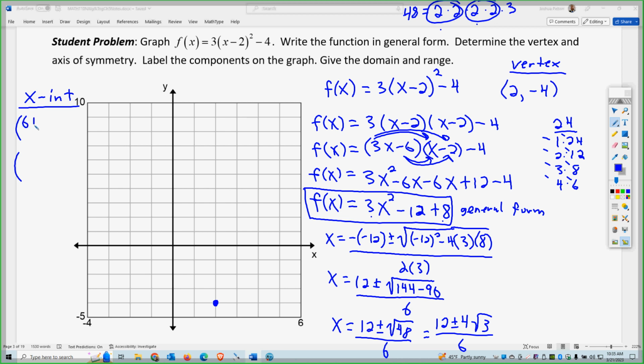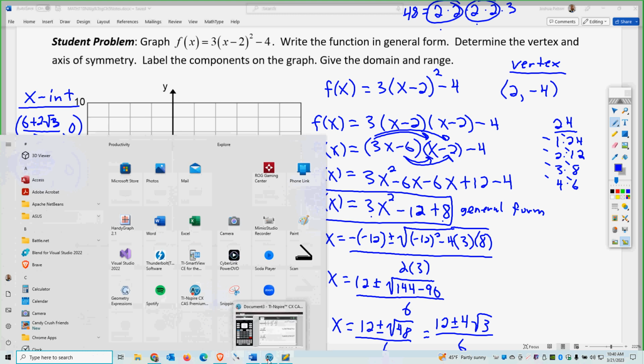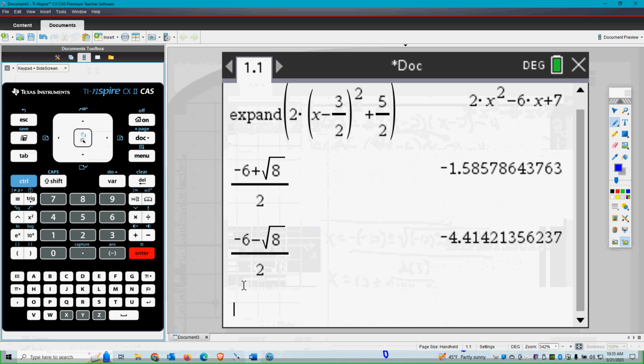So 6 plus 2 root 3 over 3, right? 6 minus 2 root 3 over 3, comma 0. Okay, so we need to get the decimal equivalent of that now to be able to graph it, right? All right, so let's get the calculator going here. So it was what?